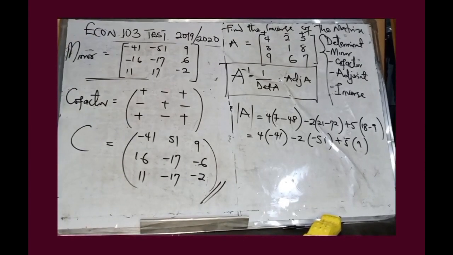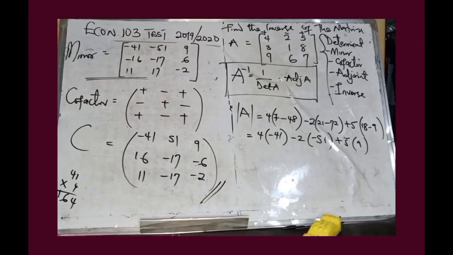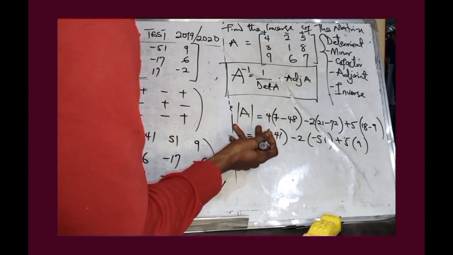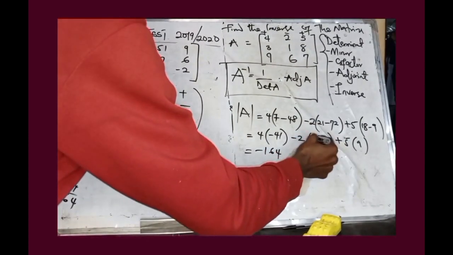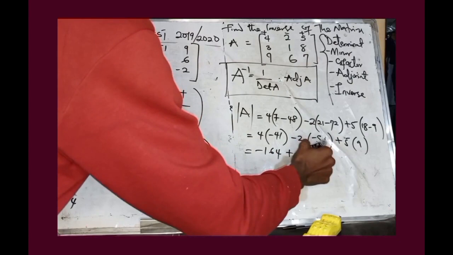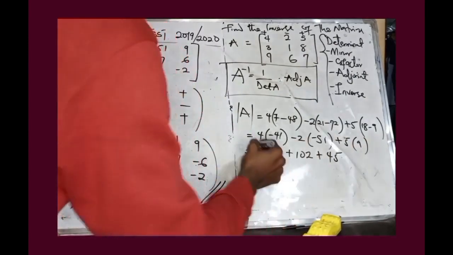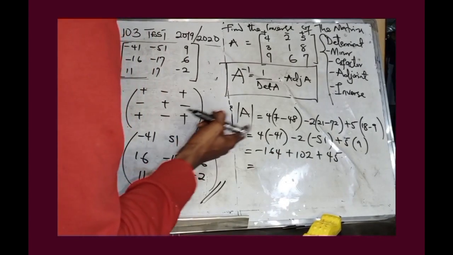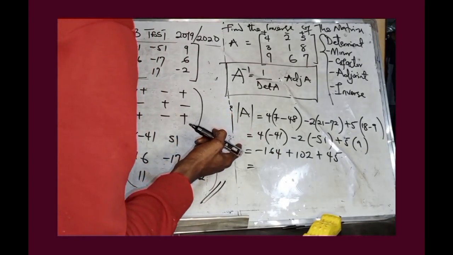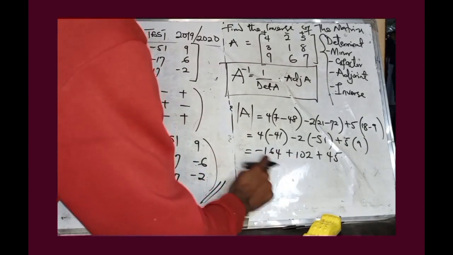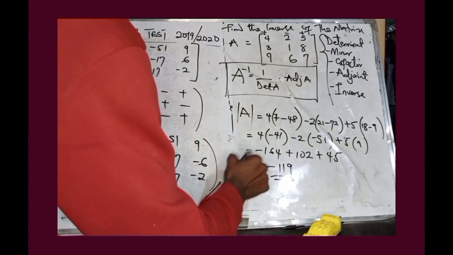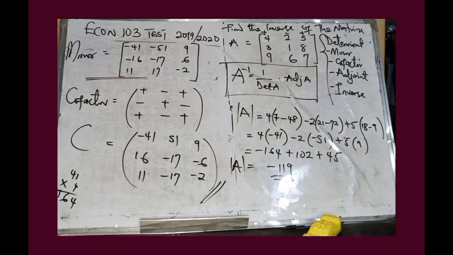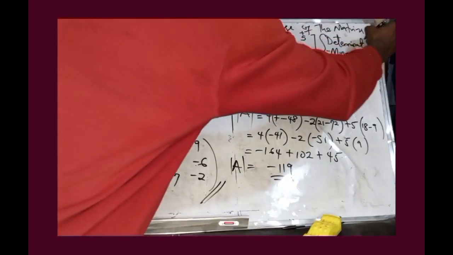Now we simplify further. 4 times minus 41 gives minus 164, minus 2 times minus 51 gives plus 102, and 5 times 9 gives 45. Summing these gives minus 17 plus... so my determinant of A is equal to minus 119. So now we've gotten the determinant of A.